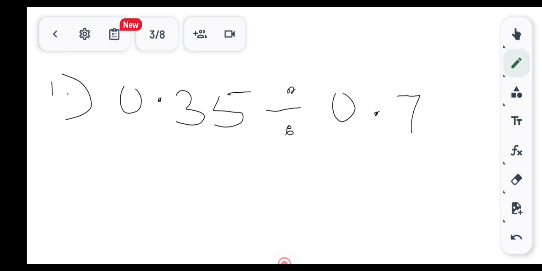First off, you take note of the decimal places. How many decimal places does 0.35 have? After the point, it has two numbers, so it has 2 DP. And 0.7 has how many decimal places? It has one decimal place, 1 DP.